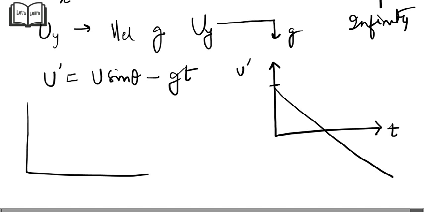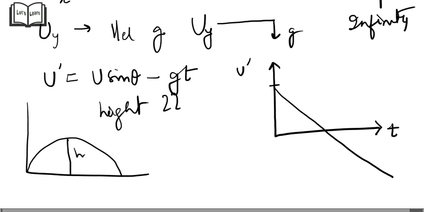I have this projectile motion. So what is the maximum height? Note that the maximum height is at this point. At this point, the velocity along y should be 0 because it is not moving upward, right?